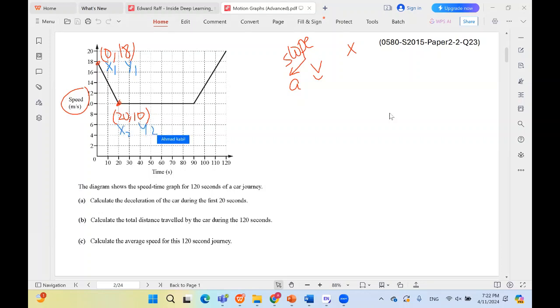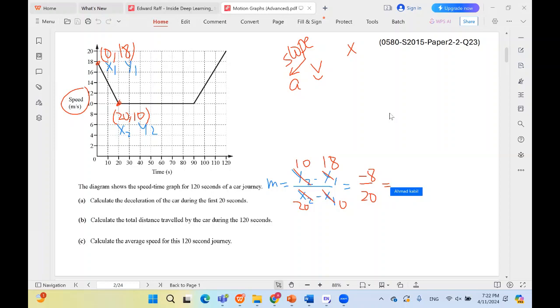And we can get the slope as y2 minus y1 over x2 minus x1. So m equals y2 minus y1 over x2 minus x1. So y2 is 10, y1 is 18, x2 is 20, x1 is 0. So we have negative 8 over 20.